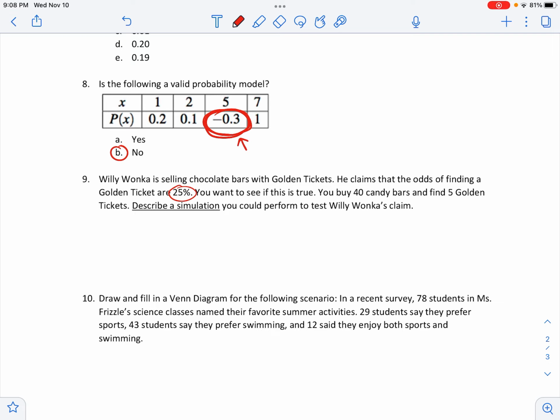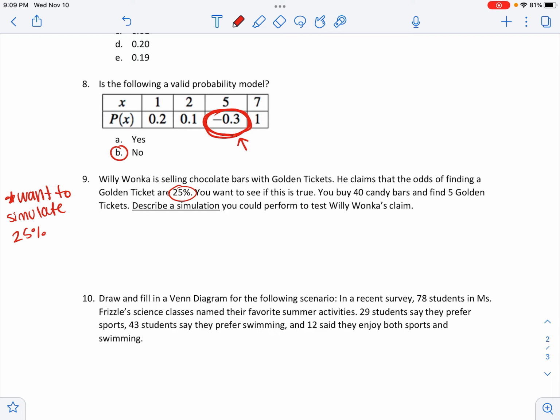In order to be a simulation, what we are trying to do is to simulate the claim, okay? We want to simulate a 25% chance. So me going to the store and buying lots and lots of candy bars is not going to simulate 25% because I don't know for sure that Willy Wonka is telling the truth.